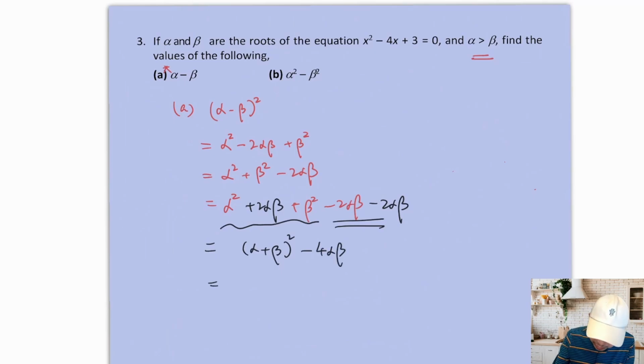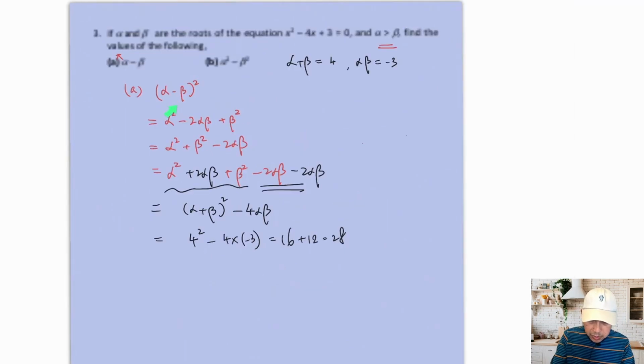At the beginning, we need to write down the sum of the roots and the product of the roots. The sum is 4, and alpha beta is negative 3. So 4 squared minus 4 times negative 3, which is 16 plus 12, is 28.